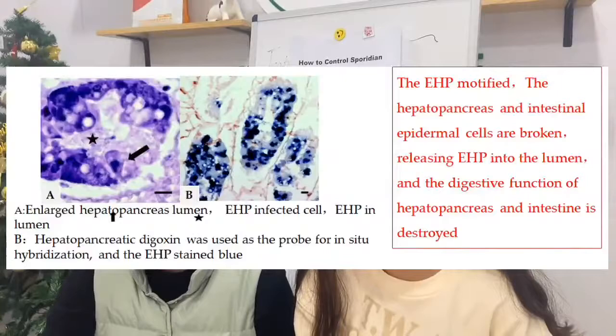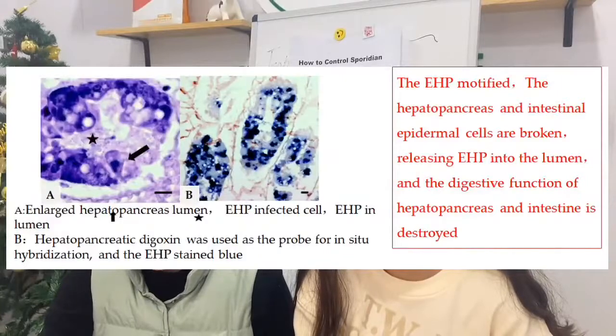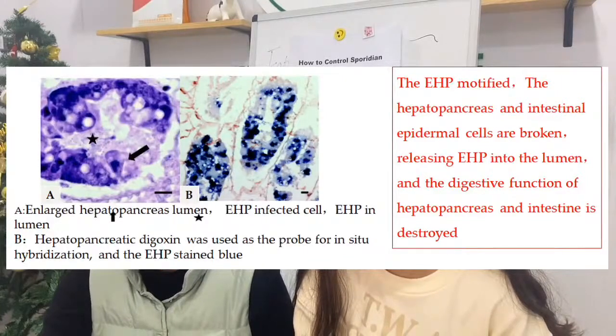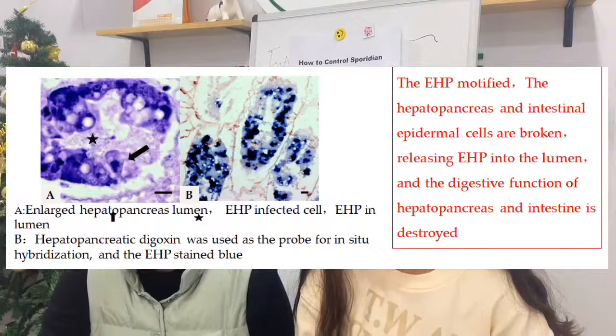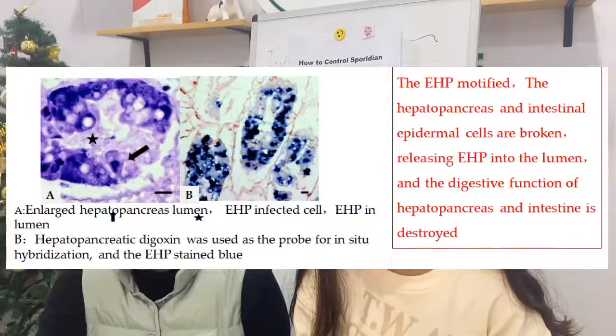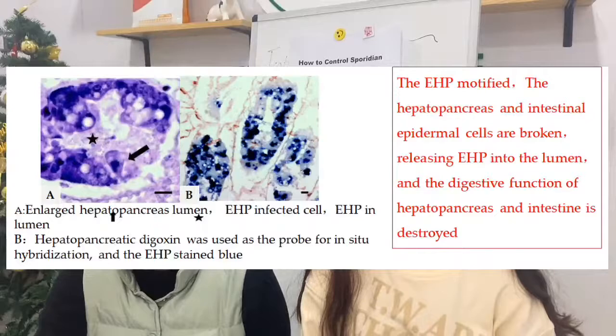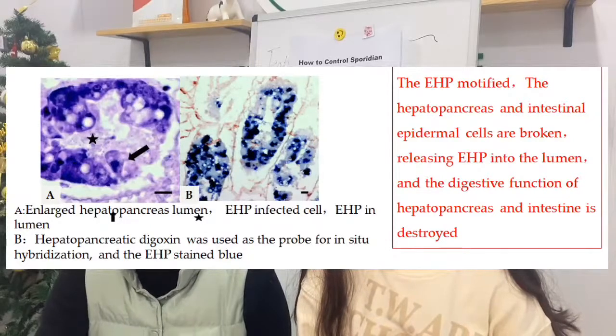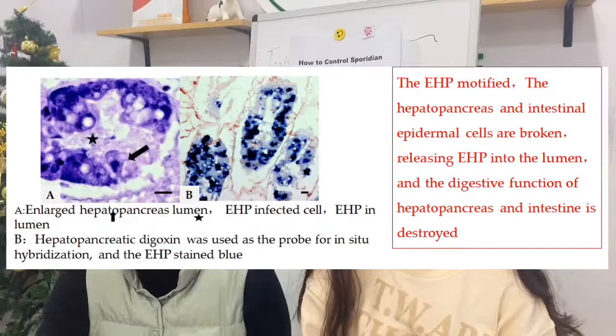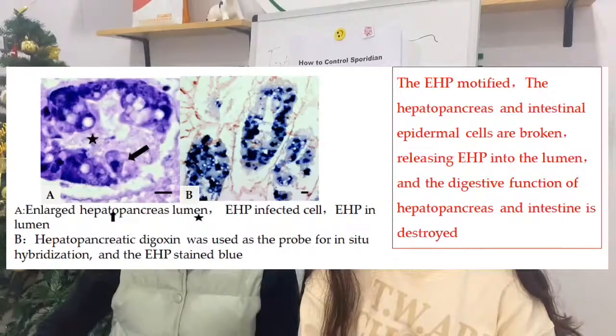The blue color is the EHP. The hepatopancreas and the intestinal epithelial cells are broken, releasing EHP into the lumen, and the digestive function of the hepatopancreas and the intestine is destroyed.